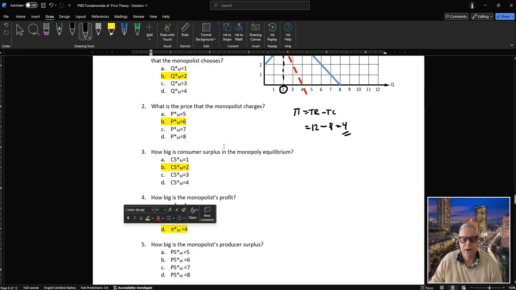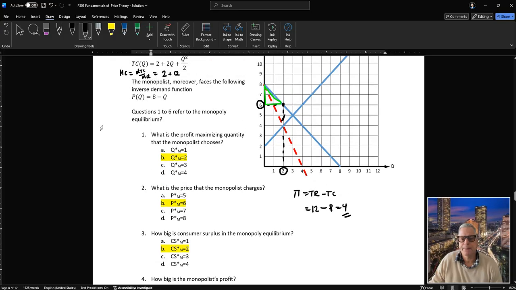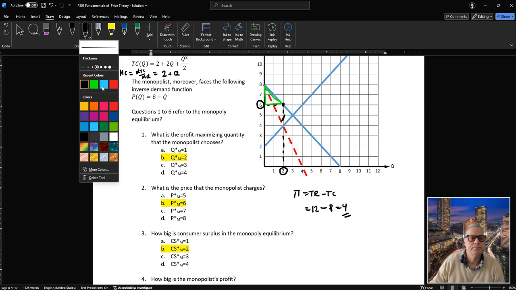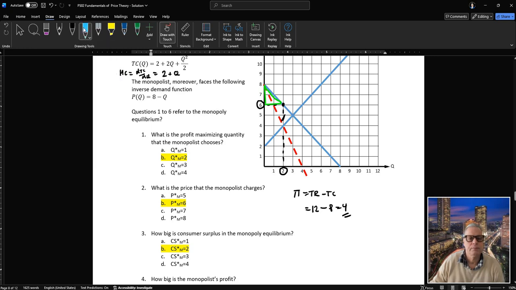How big is the monopolist's producer surplus? So producer surplus is this area here.